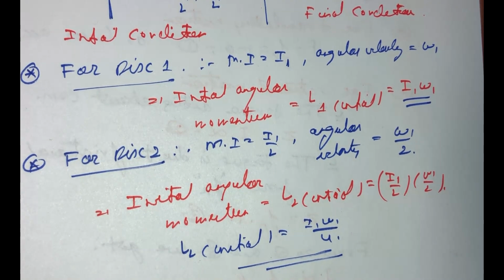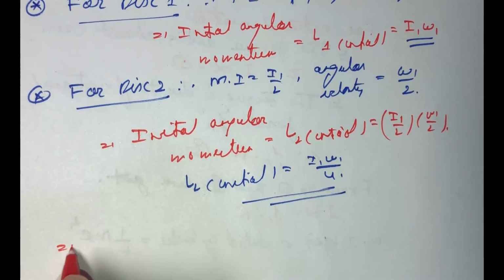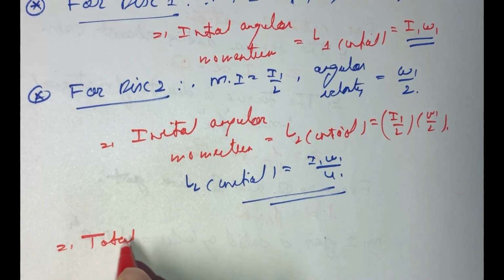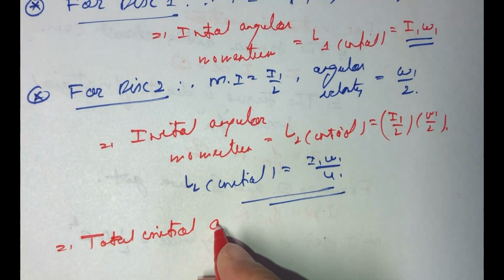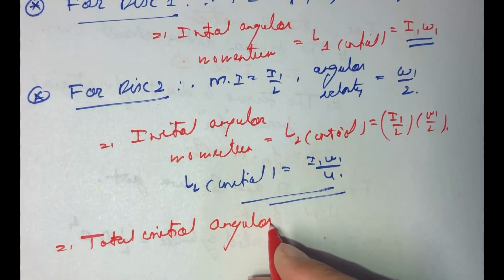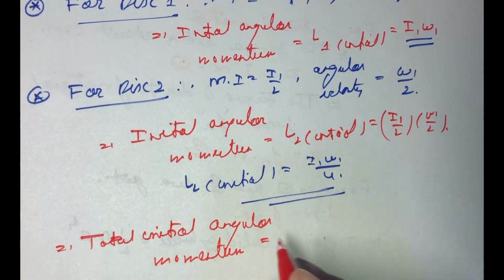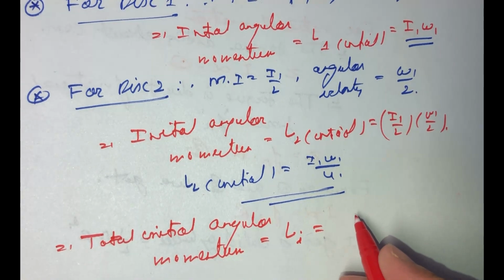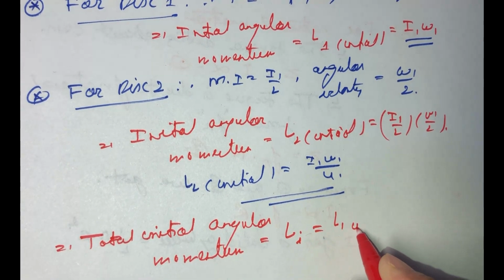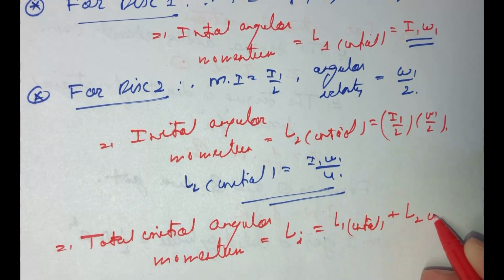Therefore the total initial angular momentum, let us call this Li, is equal to L1 initial plus L2 initial.